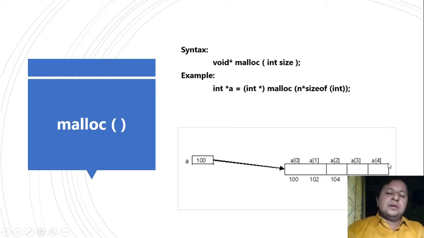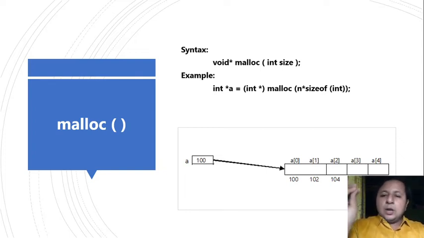So how do we access this array? A very easy way. You don't have to remember that you've done it dynamically. Assume that you have done it statically. Then how do you use your array? As we can see here, a of 0, a of 1, a of 2. The internal complexity will be handled by the compiler, so you don't have to worry about it.